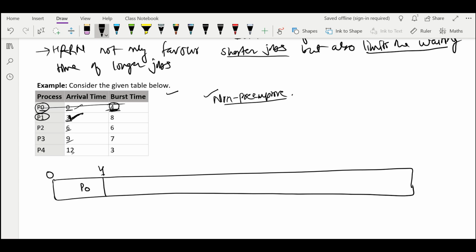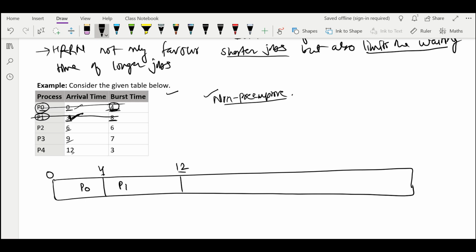So only P1 is available. There is no comparison of response ratio, so we will schedule P1 directly, for the whole 8 time. So that is till 12, P1 and P0 are scheduled.